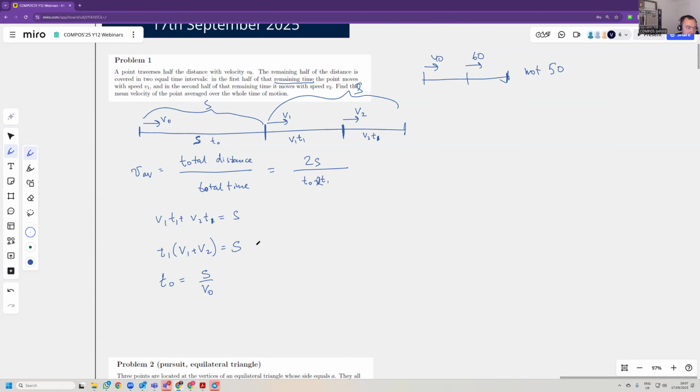And from here T1 is S divided by V1 plus V2, as we can see.